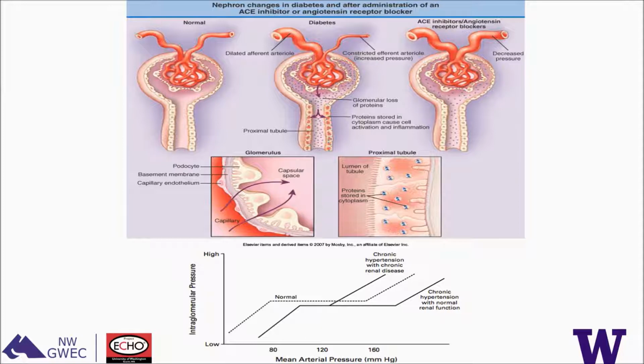But what about treatment of hypertension? Well, it's important to understand what's going on in kidney disease and chronic hypertension and diabetes separately when you're trying to figure out how to treat these patients. In the normal kidney, you can see this is the glomerulus with a bundle of capillaries. You have your afferent and your efferent arteriole here. When you get diabetes, you have a dilation of the afferent arteriole and a constriction of the efferent arteriole via angiotensin II.